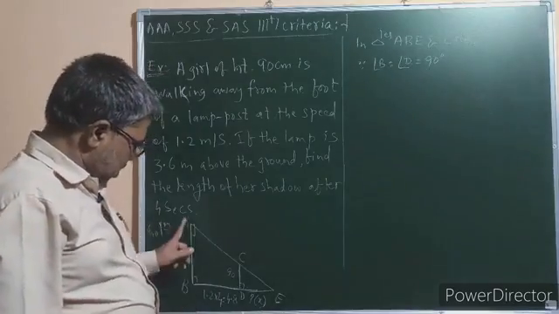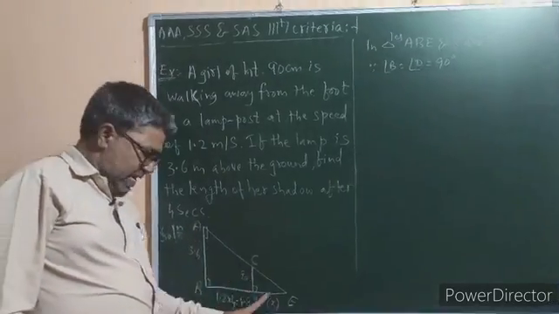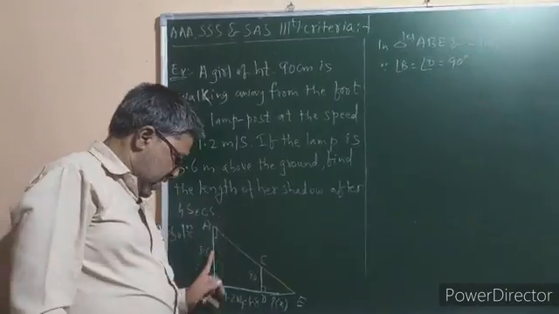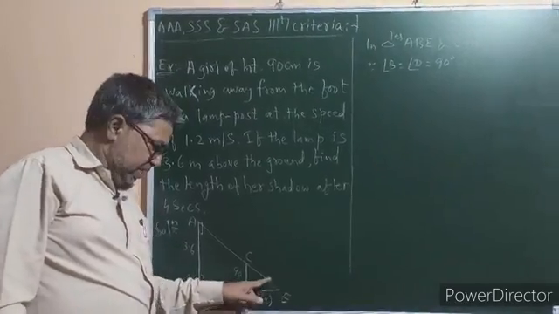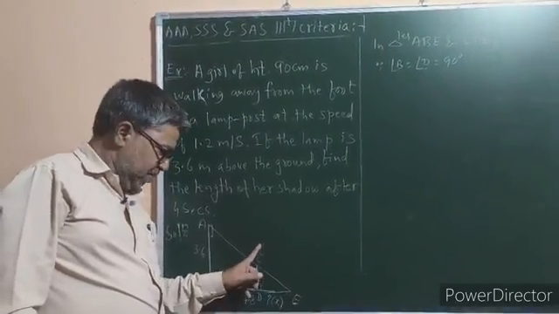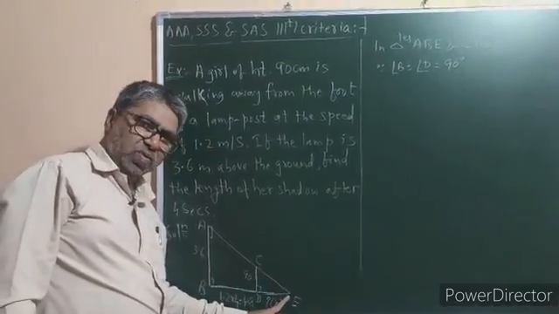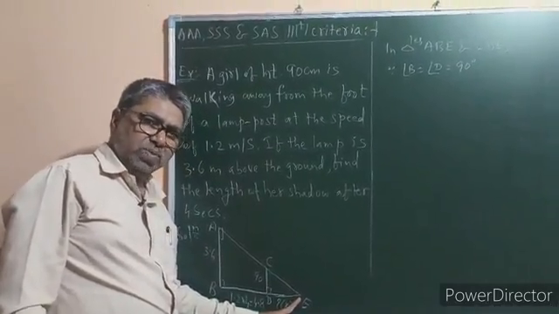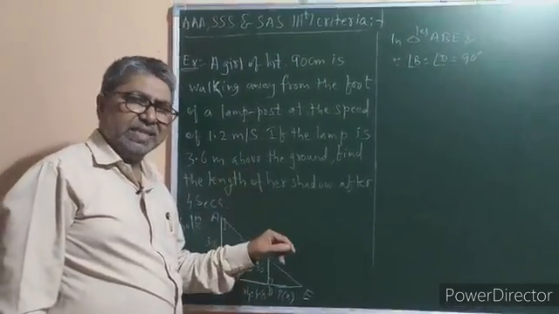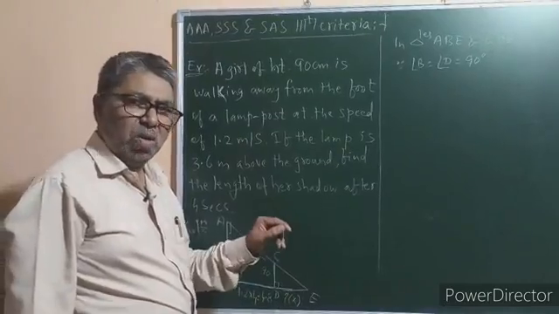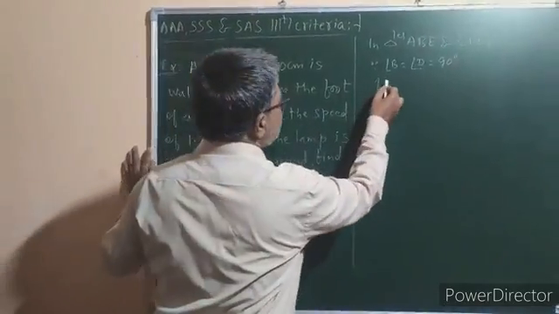Now for both the triangles, angle E is common. In triangle ABE, angle E is there, and at the same time in triangle CDE, vertex E is also there. So the angle formed at vertex E is common. So write, angle E is common.